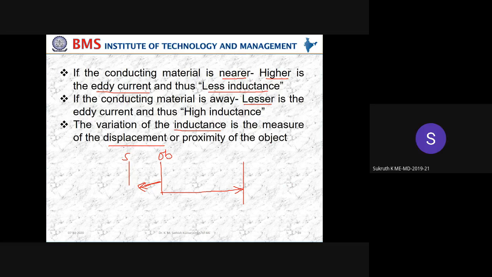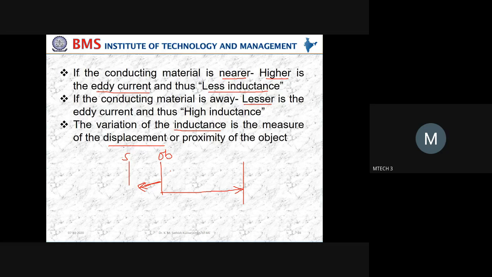The inductance is more. Now you just measure the value of the inductance. By knowing the value of the inductance, you can say whether the object is nearer to you or away from you. So this is the basic principle of the eddy current proximity sensor.